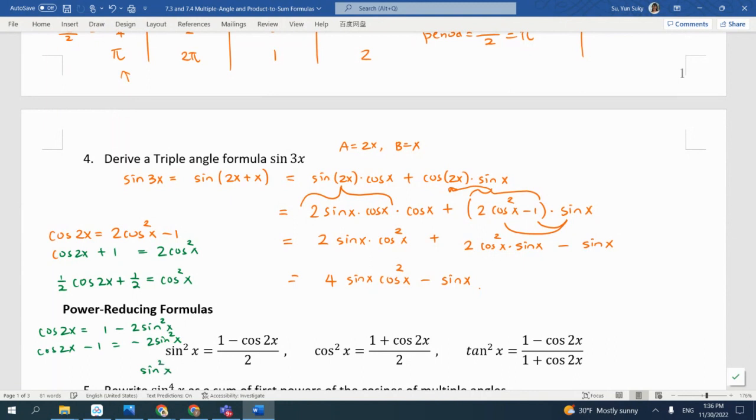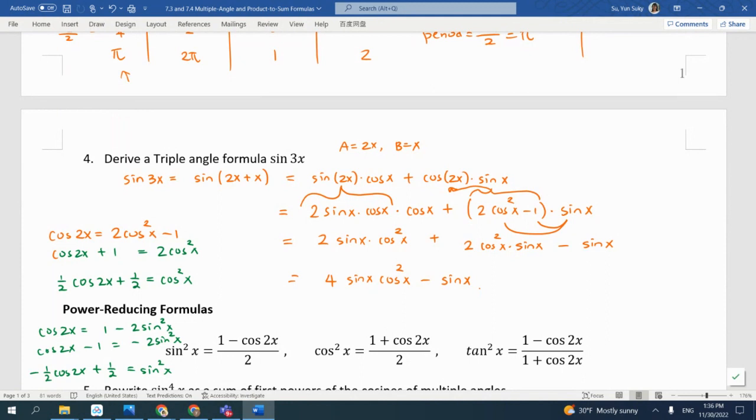So you get sine squared is negative 1/2 cosine 2x, and negative 1 over negative 2 is 1/2. Therefore, sine squared is 1 minus cosine 2x over 2. Is that okay, everybody?